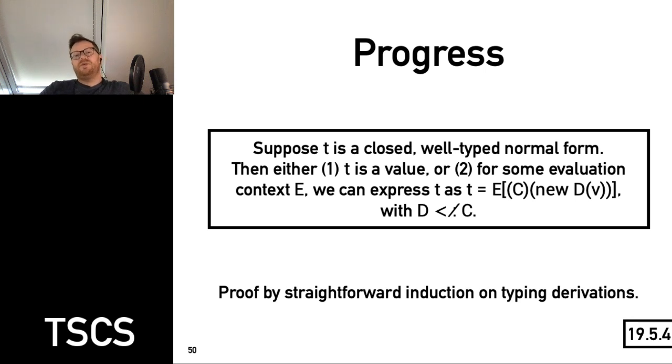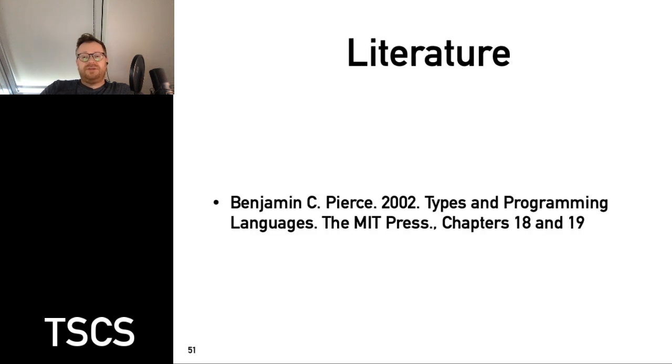And with this evaluation context, they found a neat trick to make the proof tractable, but also work in that syntax. Good. That is based on chapters 18 and 19. 18 the object orientation in the lambda calculus, and 19 the featherweight Java one in the Benjamin Pierce book.